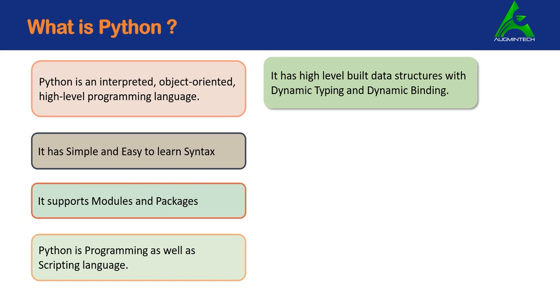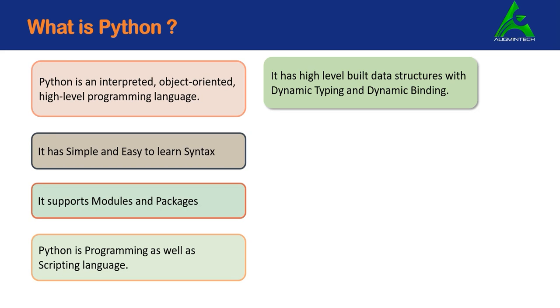Now, what is dynamic typing? Dynamic typing here means in Python, you don't have to explicitly specify the data type of a variable; that can be known at runtime. So in other programming languages, if we have to declare a variable, let's say the value is 10 that I want to store in a variable A, we say int A equals 10 followed by a semicolon.